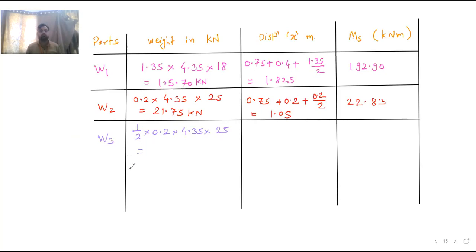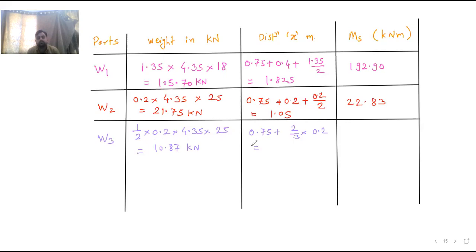Which is equal to, what is the answer? 10.87. Okay, this is 10.87 kilonewton. Now again calculate the centroid, where it is situated. So the centroid is 0.75 plus 2/3 of 0.2.